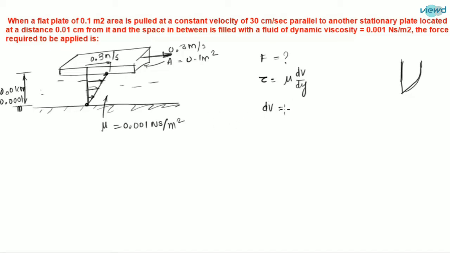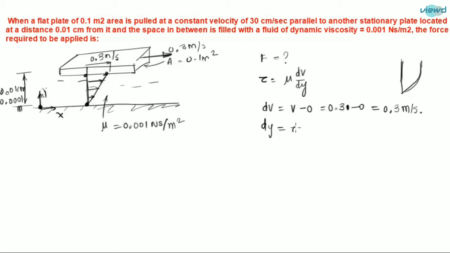So dv is equal to v minus 0. The velocity is 0.3 minus 0, which is equal to 0.3 meter per second, and the distance dy, we have considered this as y-axis and this is x-axis. The distance on y-axis of this point is 0, and here this point is 0.0001 meter.